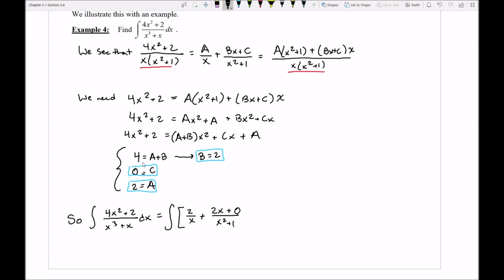So it's kind of interesting here. The c ended up being a 0. It's ultimately just going to disappear. No big deal. If I was to separate this out into 2 integrals, notice that's 2 over x dx, and then 2x over an x squared plus a 1.